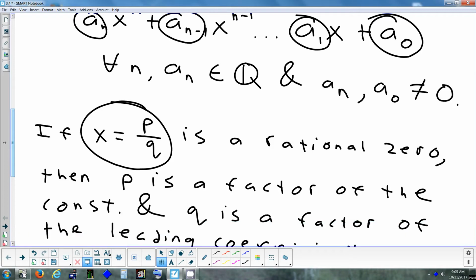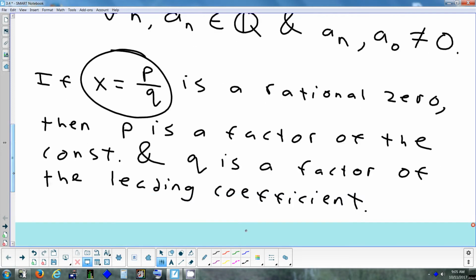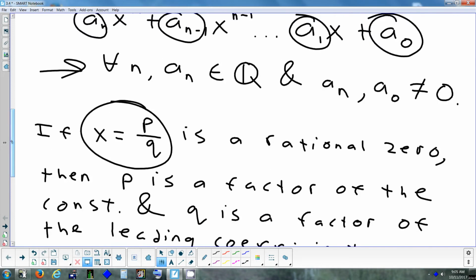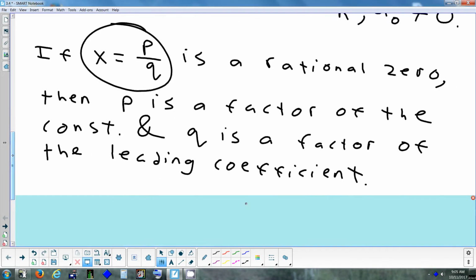And q is also a factor, but it has to be a factor of the leading coefficient. So if there's a rational root to a polynomial fitting the characteristics I described right here, then it's going to be of the form p over q, where p is a factor of the constant, q is a factor of the leading coefficient.